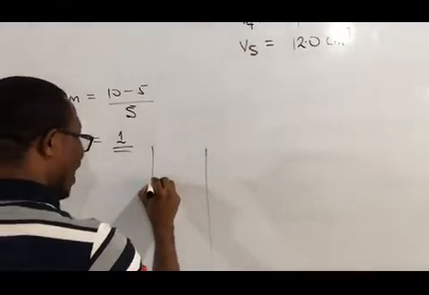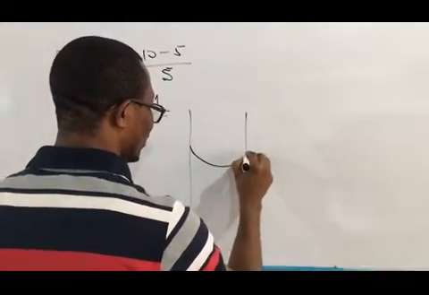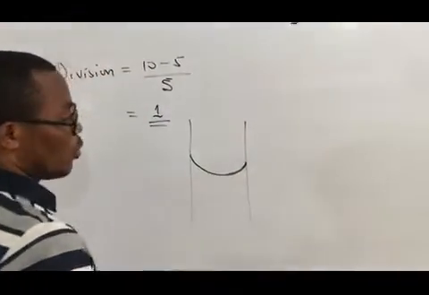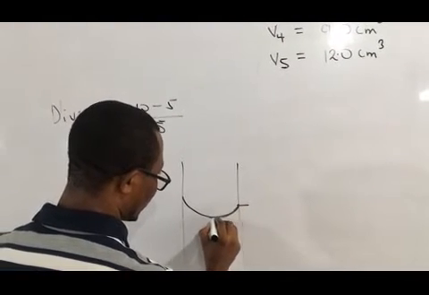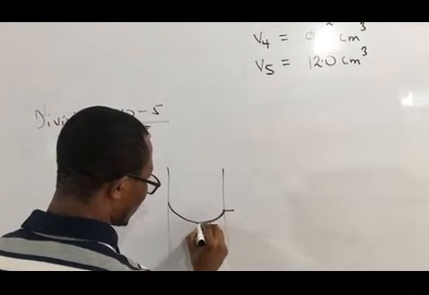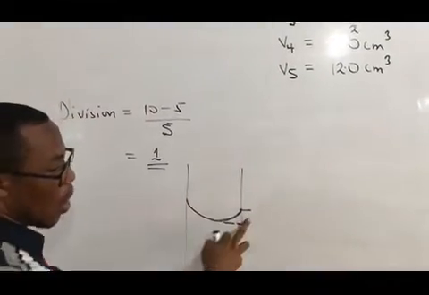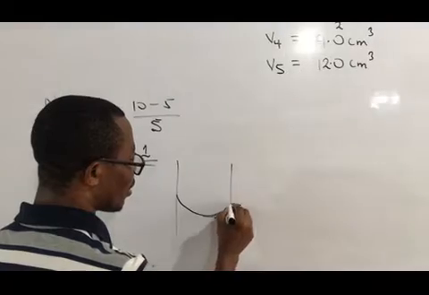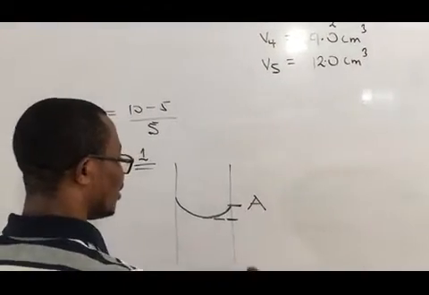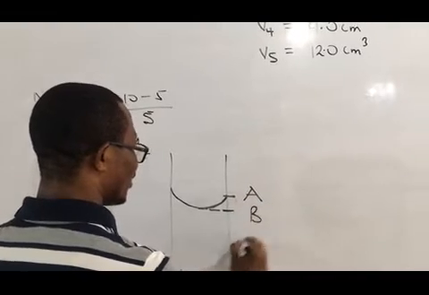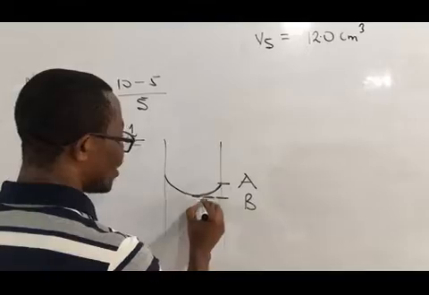If you have the meniscus curving this way, and you're supposed to read a value, for instance, from this diagram, if you go and record the value at the top, let's say the value at A, and somebody also records the value at B, you are getting two different answers.